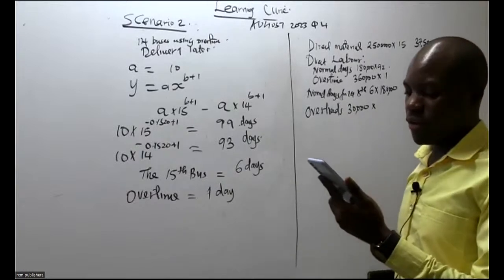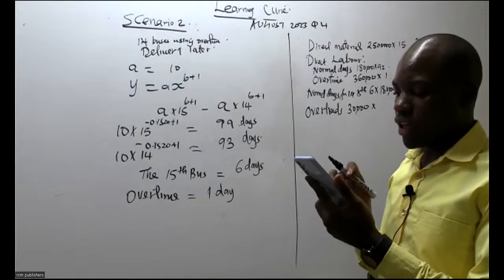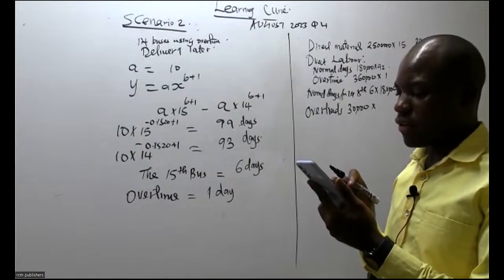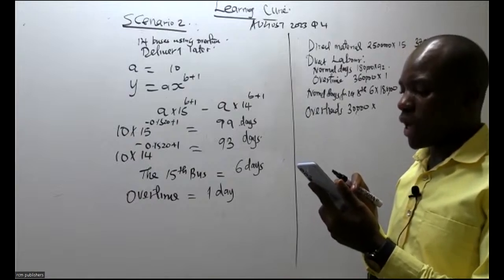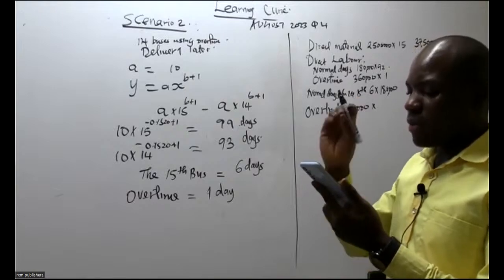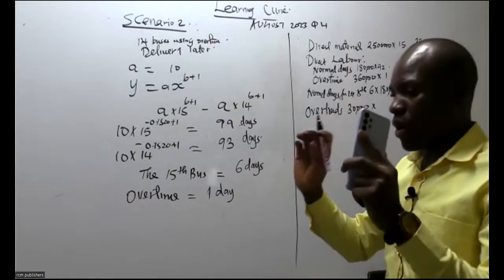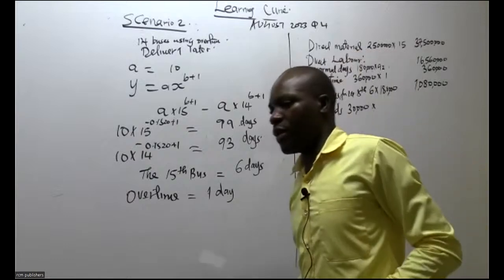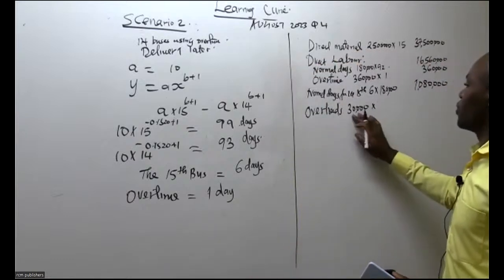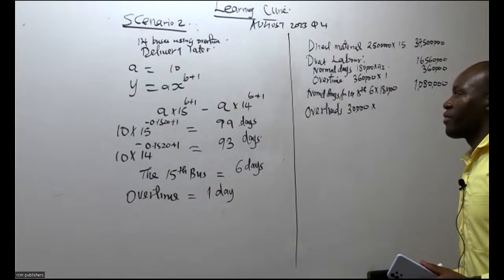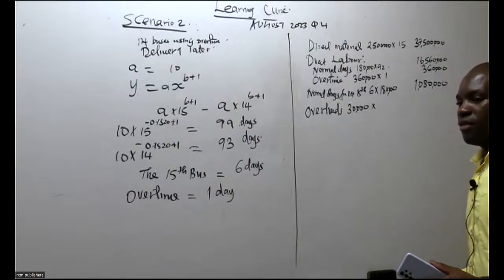Let me read the statement for you. The overheads will be allocated to the special order at the rate of 30,000 per normal working day, and no overheads will be allocated for overtime working. Now I want you to give me the number of days here to summarize this. How many days?